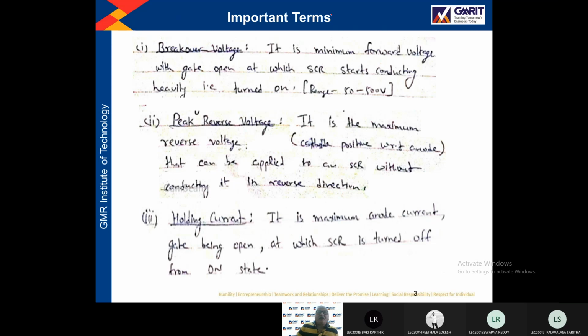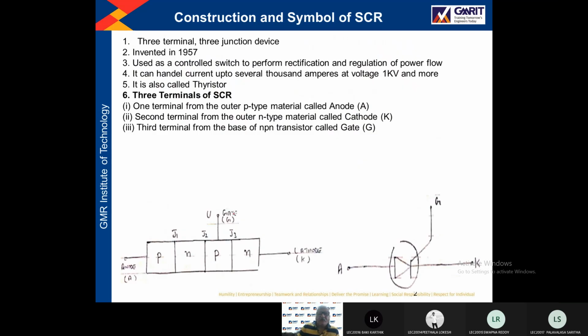Now some important terms are here. One is breakover voltage. It is the minimum forward voltage with gate open at which SCR starts conducting heavily, that is, turns on. Gate open means you don't connect any voltage to the gate, right?